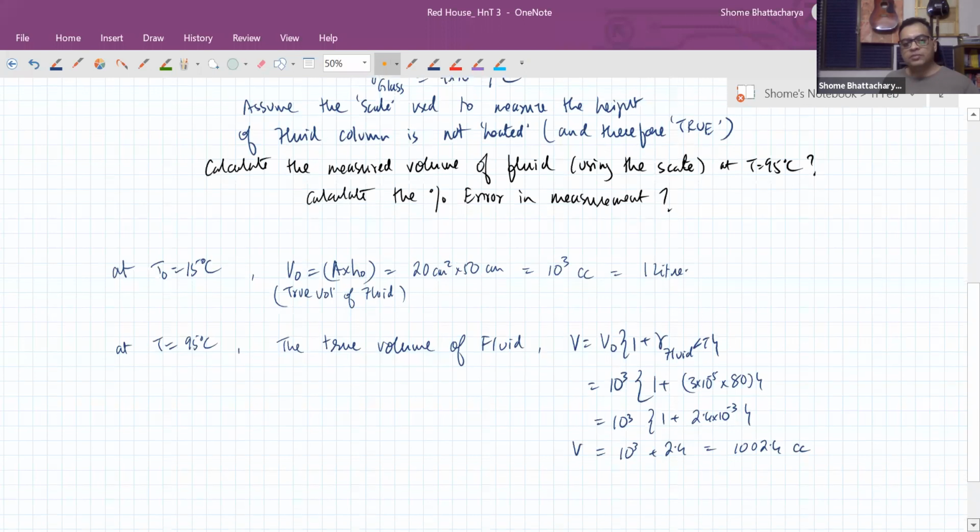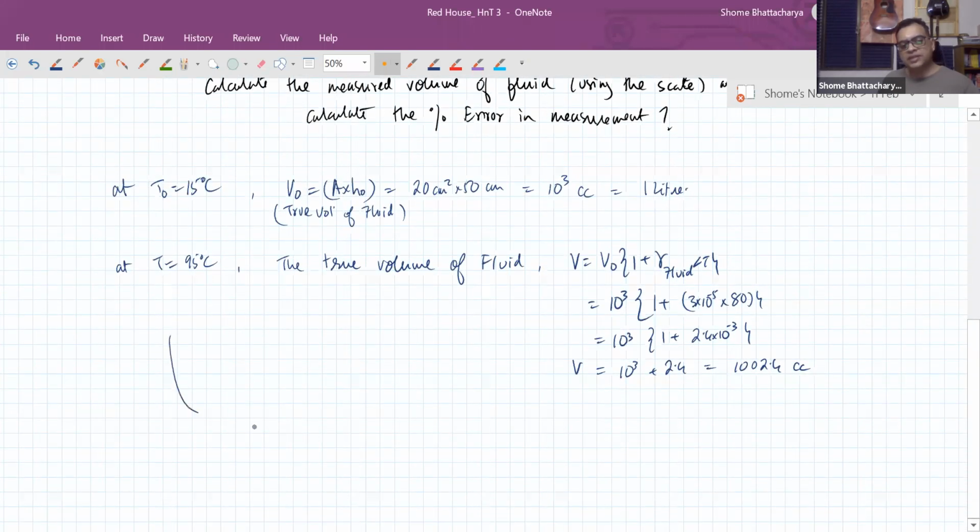But what about the measured volume? As far as the measurement is concerned, let's say the height measured is equal to h.